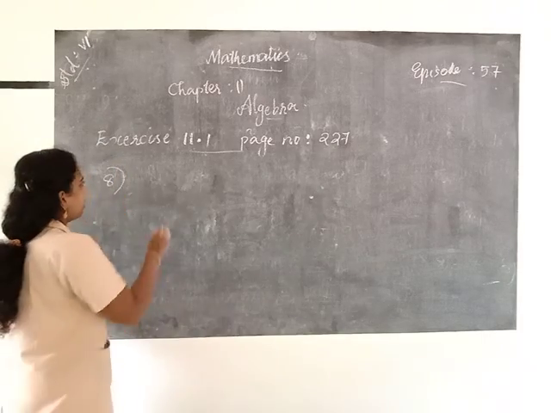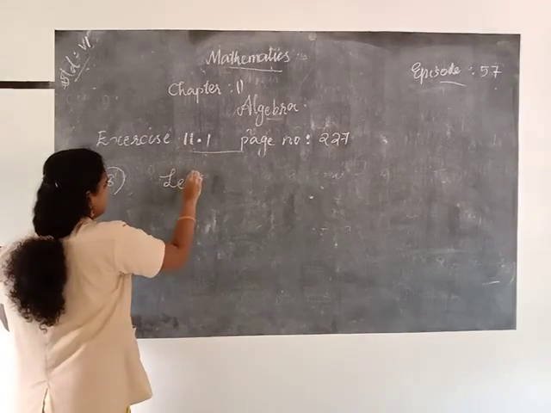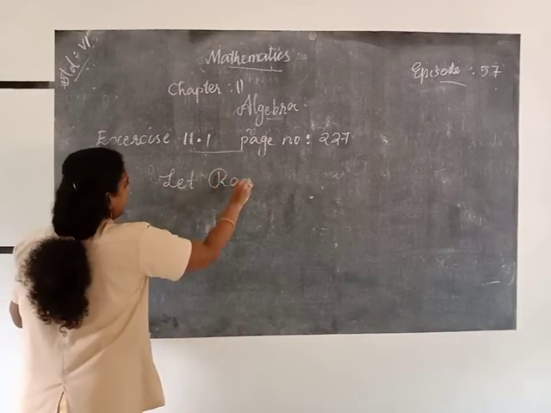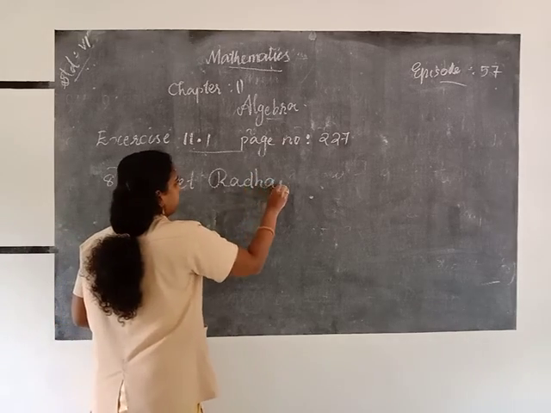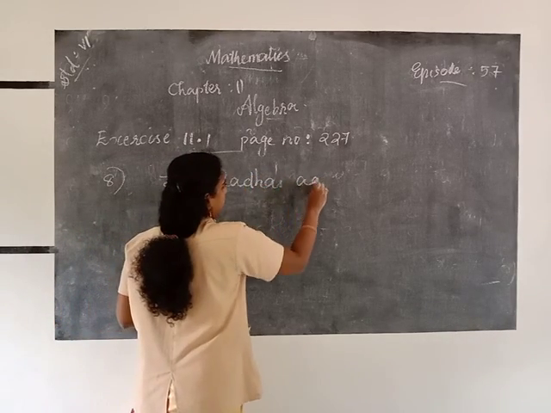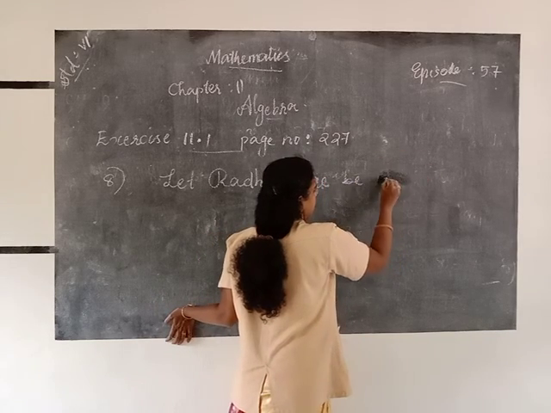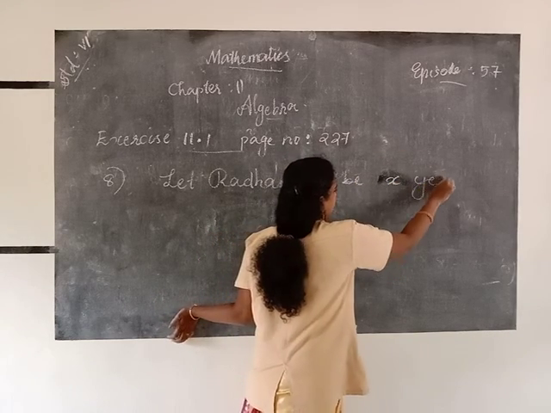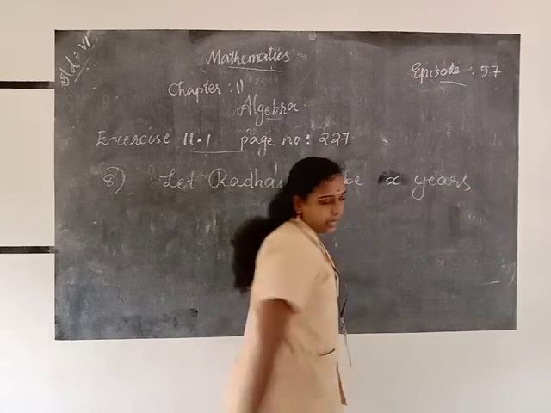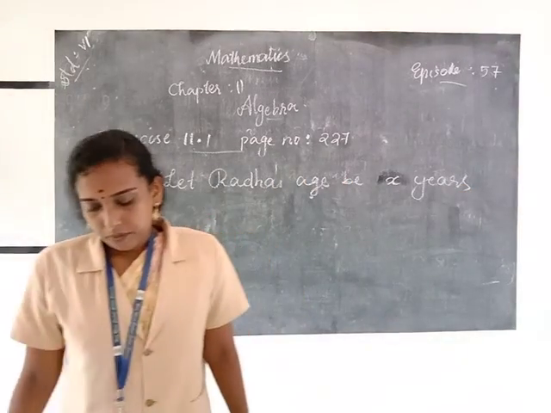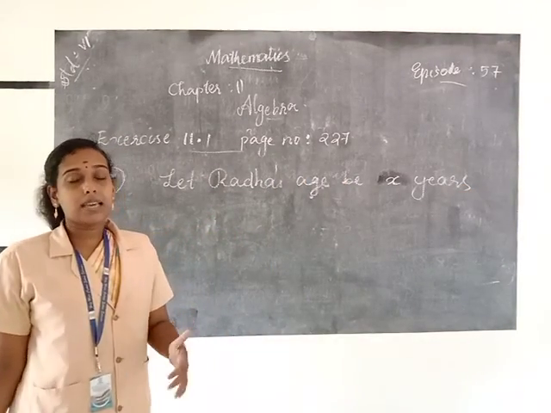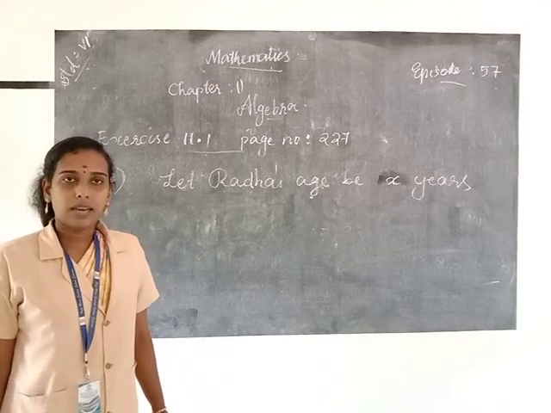So let Radha's age be x years. And here we want to find Leela's age, and Leela is 4 years younger than Radha.